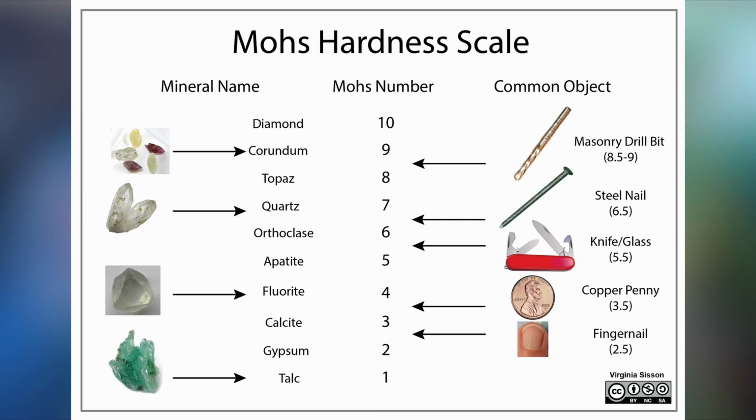There are other scales which do that, which put them on an absolute level, but those tend to be much more esoteric. I want to point out also that diamond is not the absolute hardest chemical substance. It's just the hardest mineral. So remember, minerals are naturally occurring, and we have been able to create synthetic substances which are harder than diamond, but they're not minerals, because they're not naturally occurring, so they don't displace diamond on that scale.